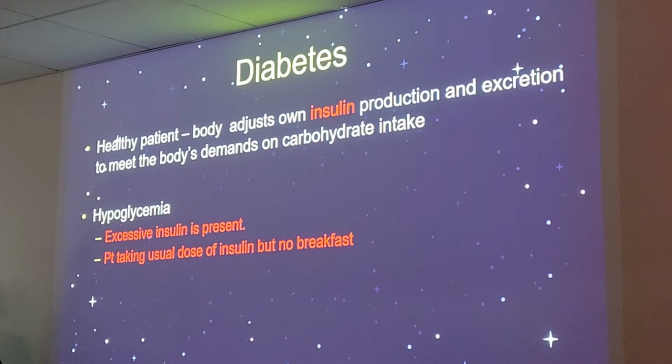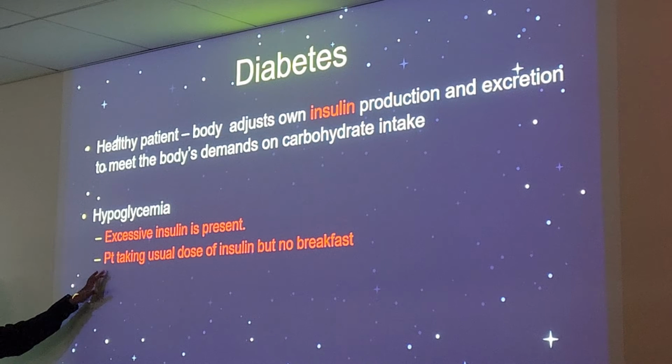Diabetes. So a healthy patient, the body usually adjusts our own insulin production and excretion to meet the body's demands on the carbs that the body needs to function. But if a patient has hypoglycemia, that means they have excessive insulin in their system. So what happens is diabetic patients, they need insulin, correct?